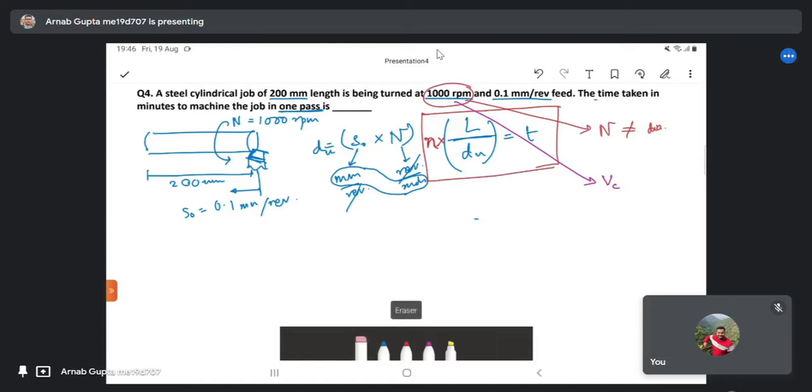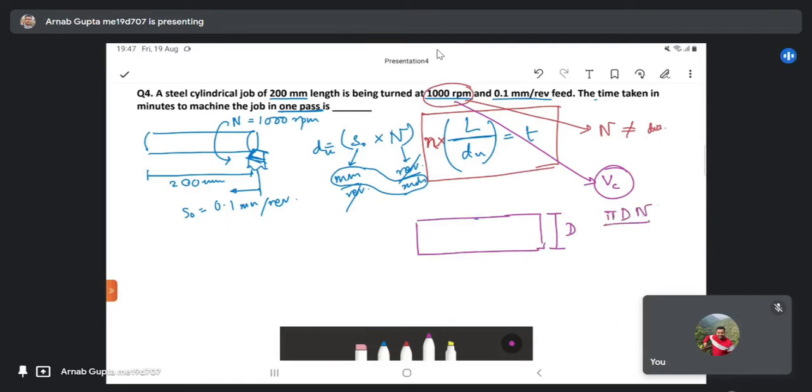I'm not taking any values, I'm just writing Vc. In the first pass, your diameter is d. So you have pi dn by 60, which is equal to Vc. Accordingly, you will find out n and substitute the value here, and you will get the time of machining for the first pass, n equal to 1.